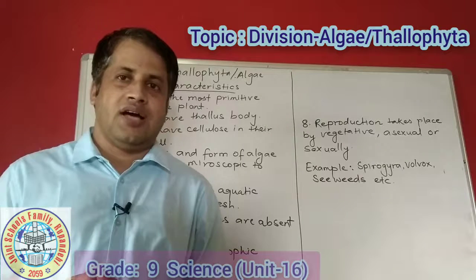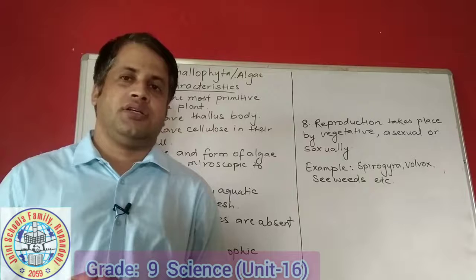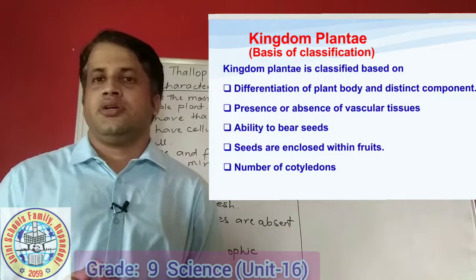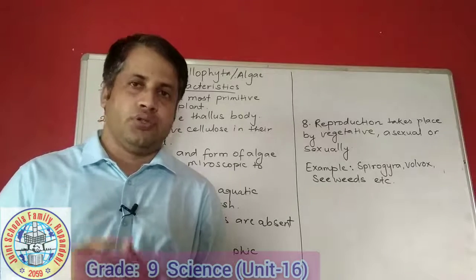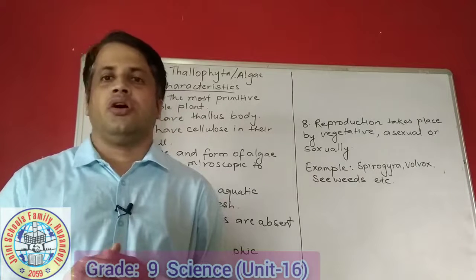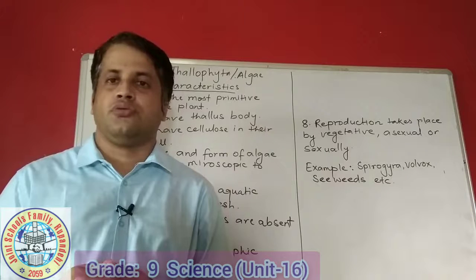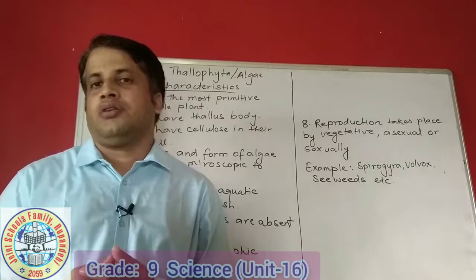In the previous class we discussed on what basis the plant kingdom is classified into various divisions, subdivisions and classes. On that note, let's begin our classification of the organisms that belong to division Thallophyta or algae.